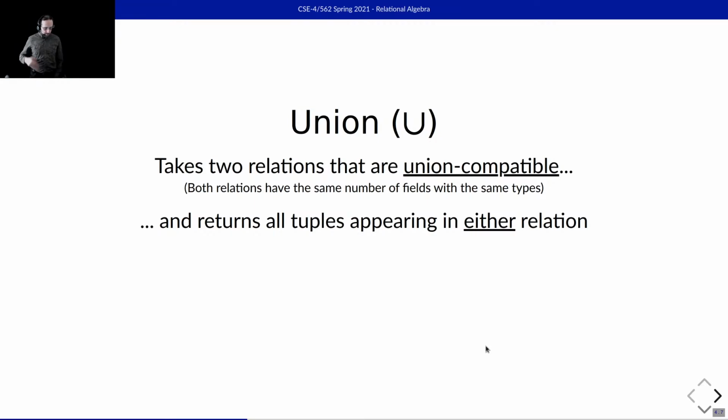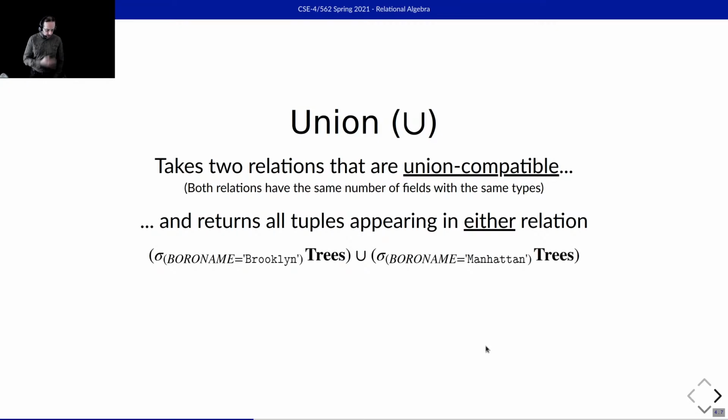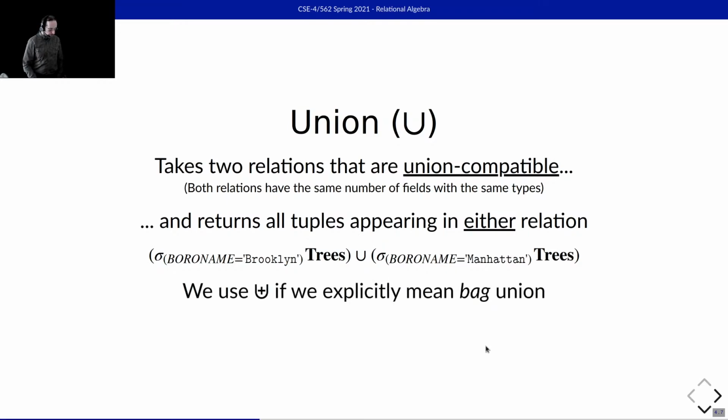In other words, they have the same number of fields, those fields have the same types, those fields have the same name, and it's going to return all of the tuples that appear in either of the two input relations. So for example, I might ask in the chat, I'll keep going, but in the chat, please, what is this query here asking in English? Give you a moment to respond.